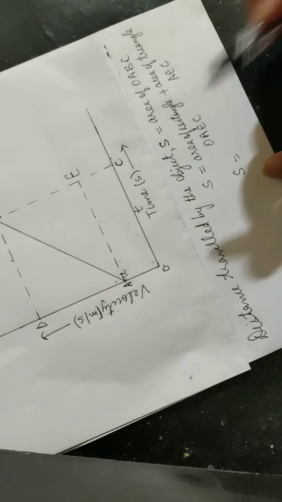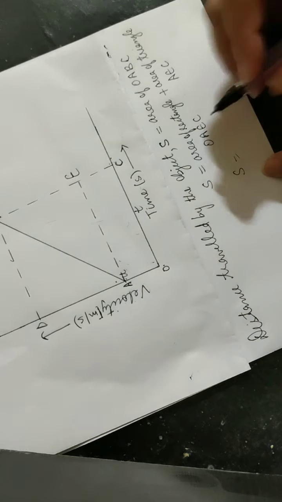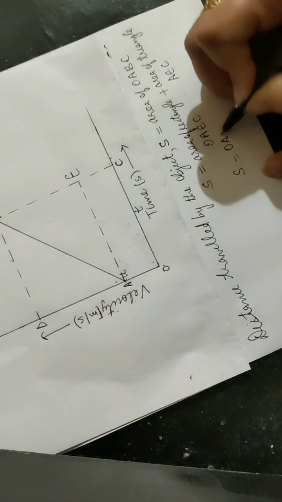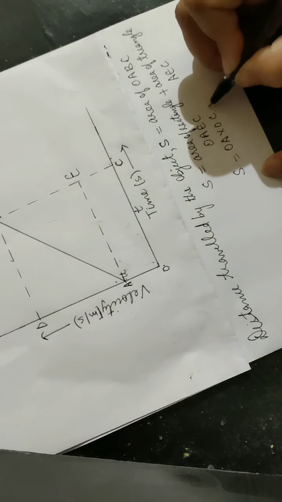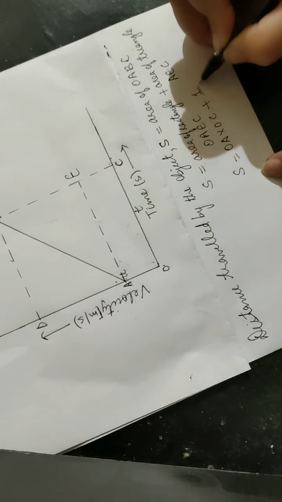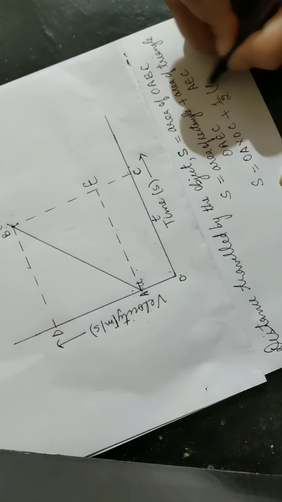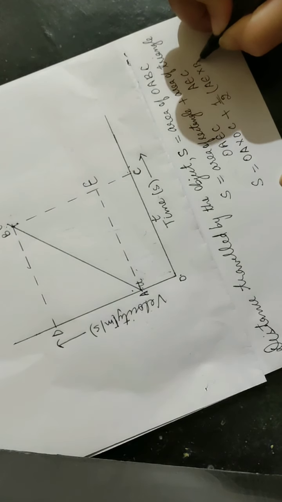What is the area of a rectangle? It is length into breadth. We can write OA into OC, plus the area of the triangle, which is half of base into height. Base is AE and height is BE. So S is equal to, what is OA?